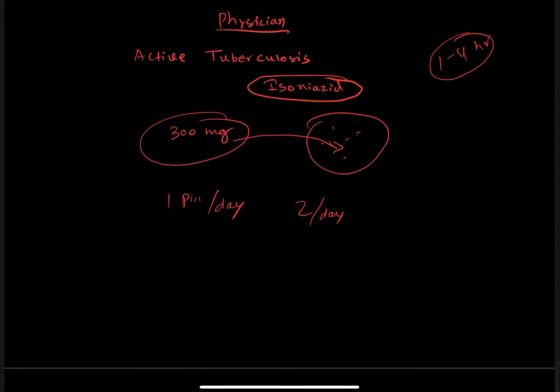If you get 2 pills on the same day, you're adding 300 mg plus another dose of 300, and that's an overdose. So you want to kill that patient? No. So that's why you need to understand the half-life, right? You need to know how long this drug will stay in the body, and that's a very important thing to note.